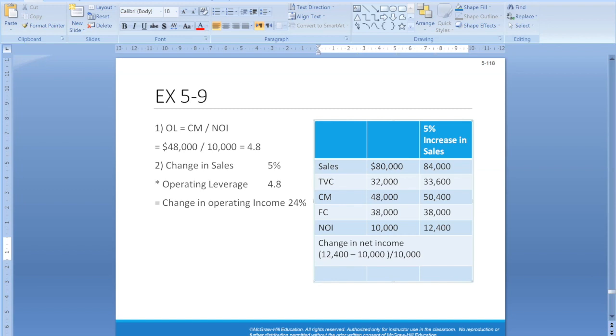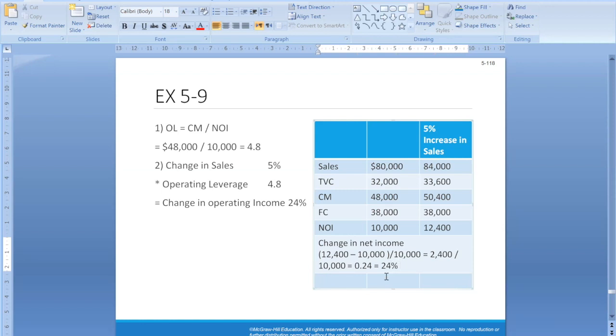So 12,400 minus 10,000 will give you 2,400 divided by 10,000. This equals 0.24, which equals 24%.